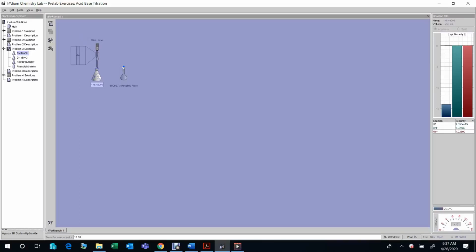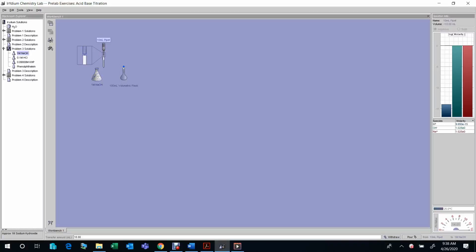When we pipette out 10 milliliters of solution, it's a very accurate volume. That's the reason we put 10.00 at the bottom. At the bottom window, you see that's the volume we want to pipette, 10.00. Then we click the withdraw function at the bottom right.